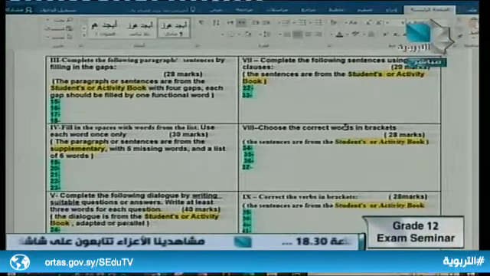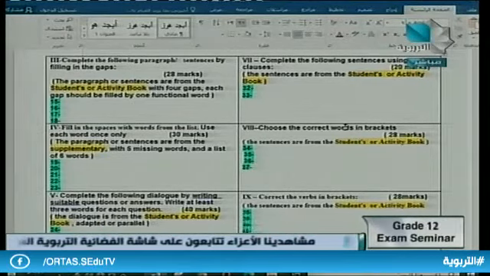Ms. Mayada, the dialogue is from which books? They are from one of the activity book or the student book. Here they have one completed dialogue, whether to write the question or to answer the questions.